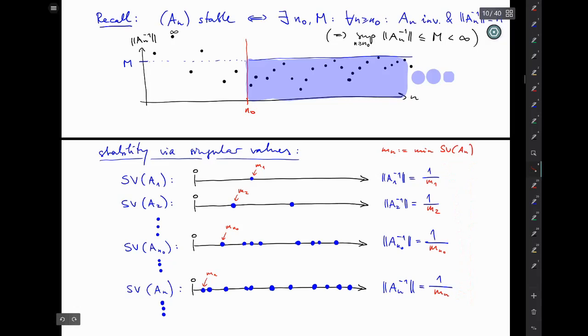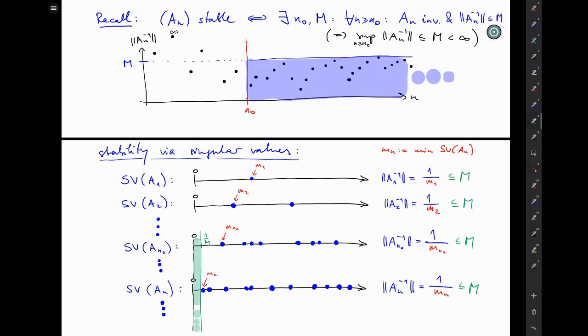Let's call it capital M. But of course you get this uniform upper bound if and only if your smallest singular values, the ones we have labeled in red, are separated from 0 uniformly by a uniform lower bound, which in our case would be 1 over capital M. And actually it's enough to have this only for n larger than n0.